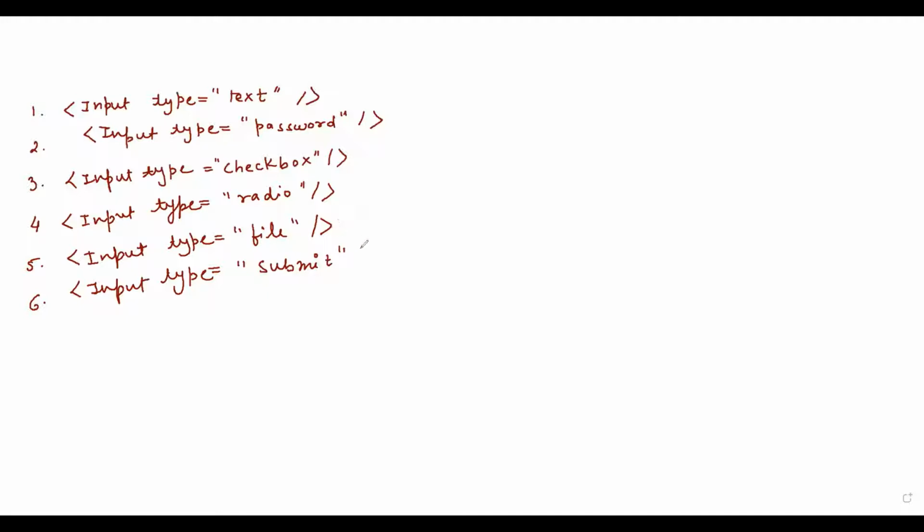When pressed, the information will be passed on for processing, usually to a script mentioned in the action attribute. So whatever script you have given in the action attribute, all the form's information is passed to that script.